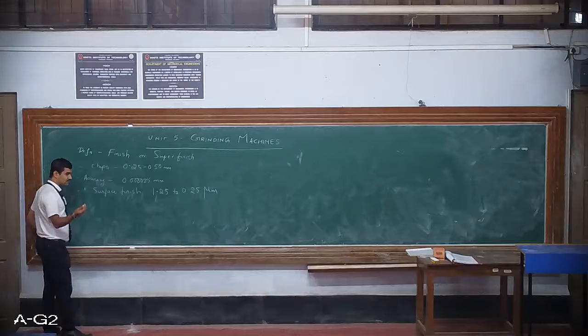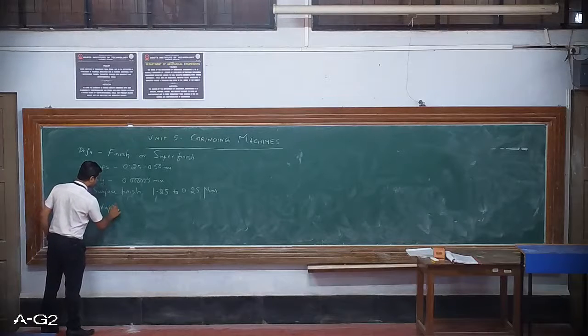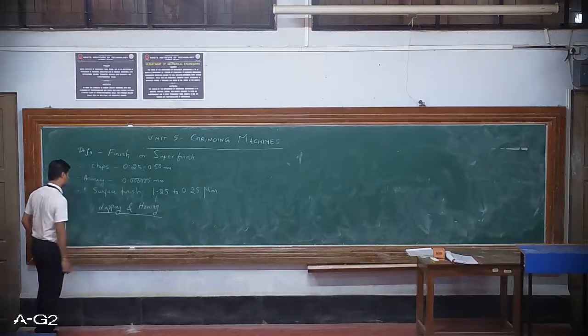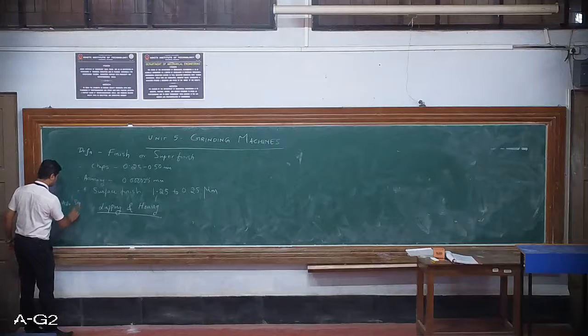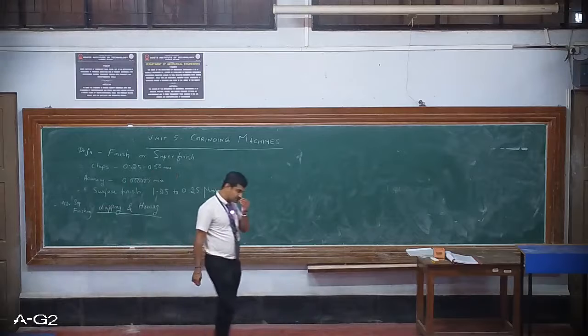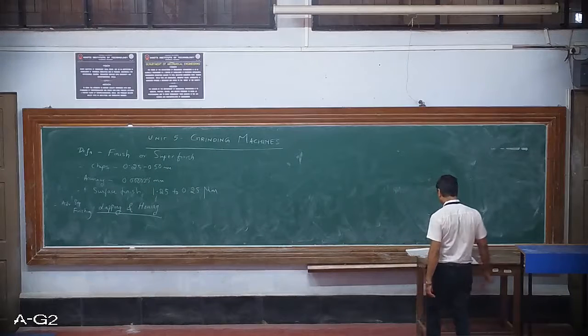I will just keep you informed about these, which we call lapping and honing. These are the two words you are supposed to remember for advanced super finishing operations, which are the advanced versions of finish operations.